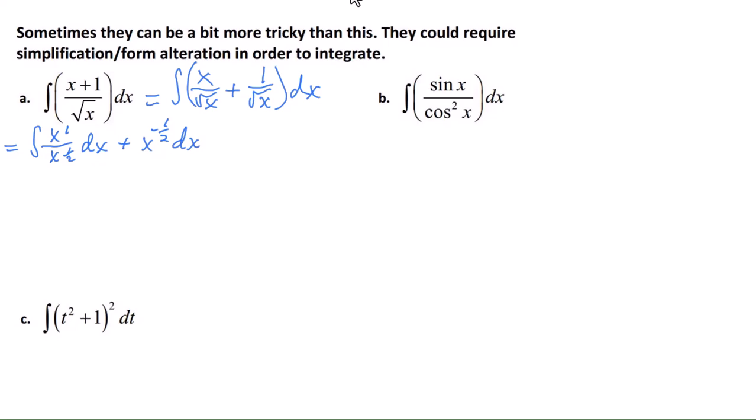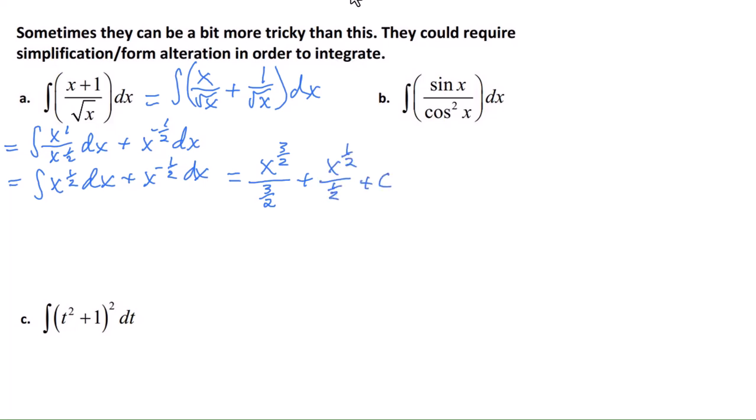Since the bases, x that is, are the same, I can just subtract exponents. Now I've got something that's not quotients. And since they are being added together, I can split them apart into separate integrals.